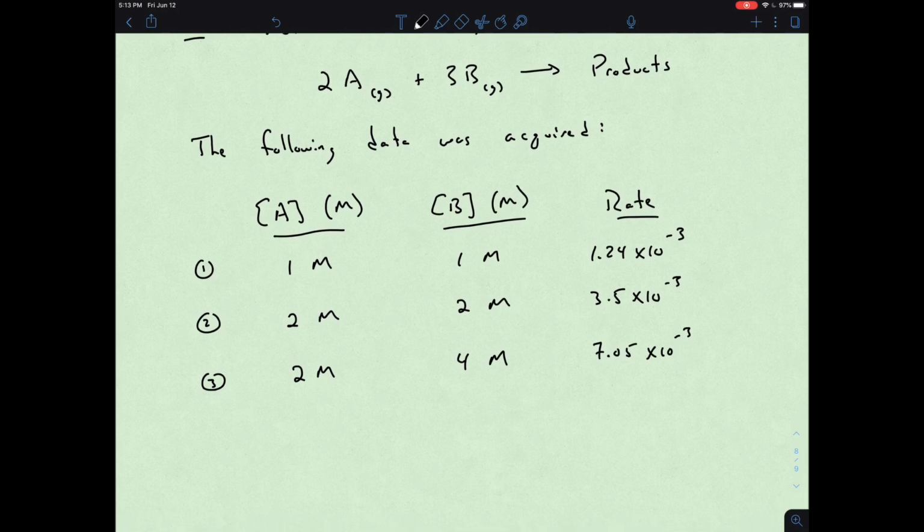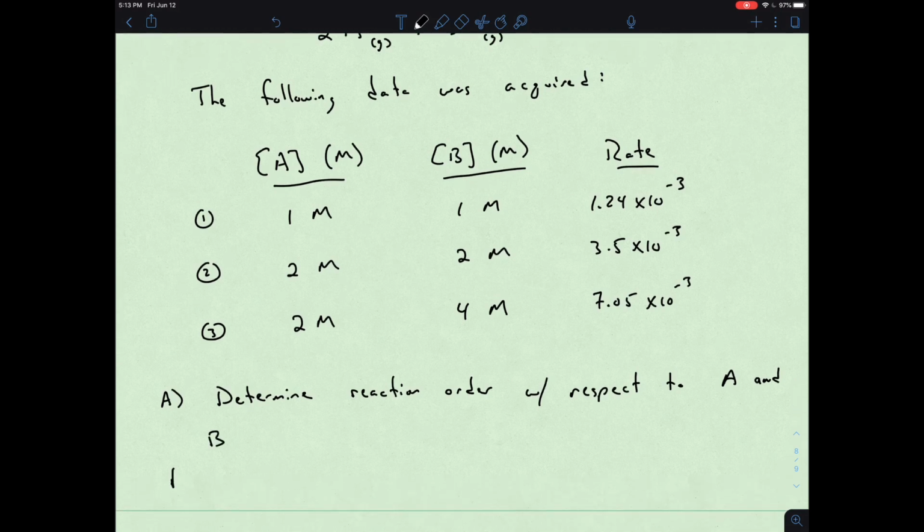And so we want to basically determine our reaction order with respect to A and to B. Part B is asking us the overall reaction order.